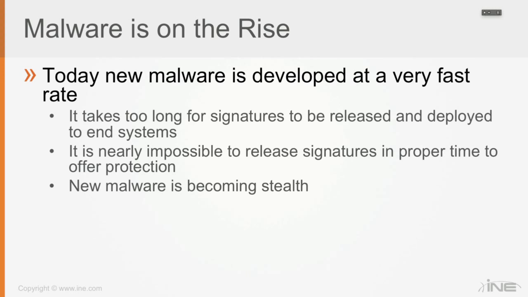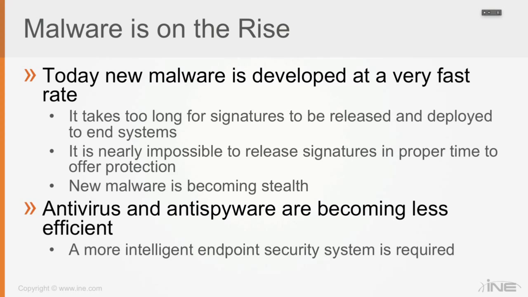And also new malware is becoming more and more stealthy, which means that as malware shows up and gets downloaded on the endpoint, it may keep quiet, silent for hours, weeks, or months, and only afterwards start doing something. This means a regular antivirus or anti-spyware cannot keep up with today's malware pretty much.